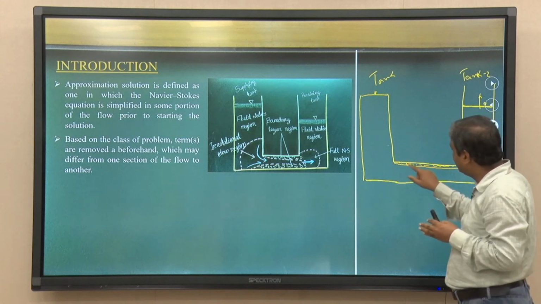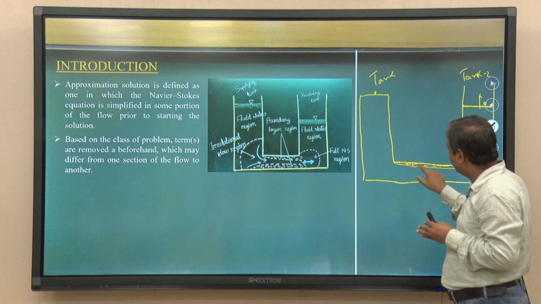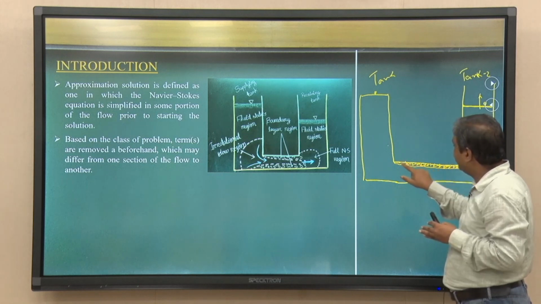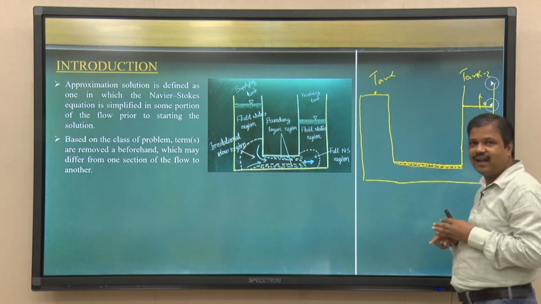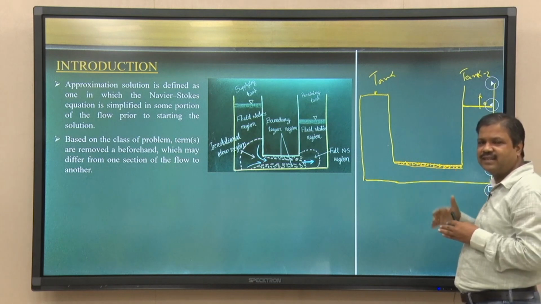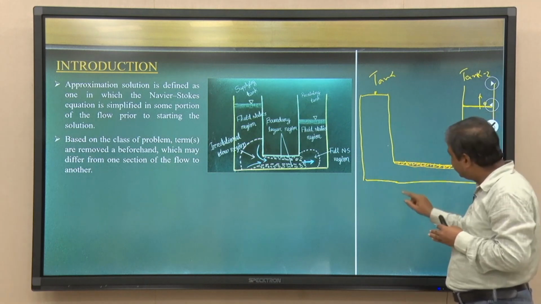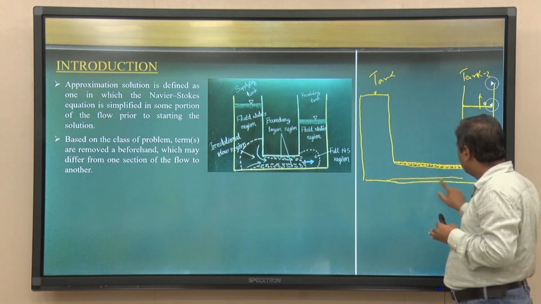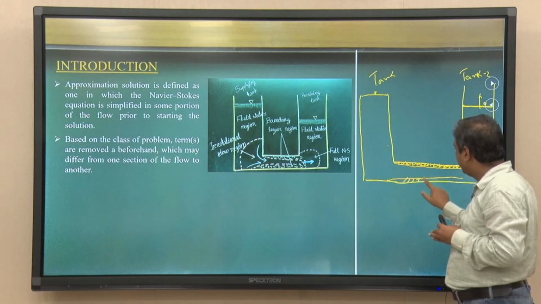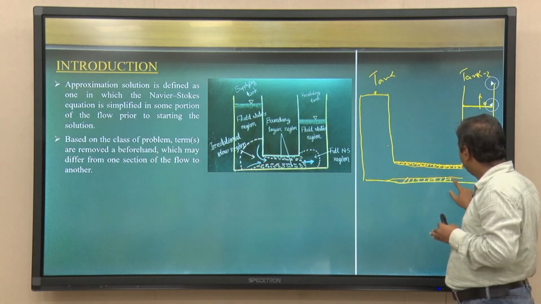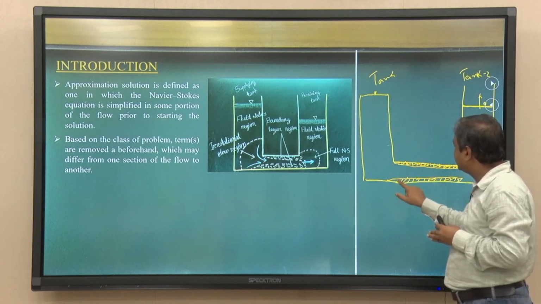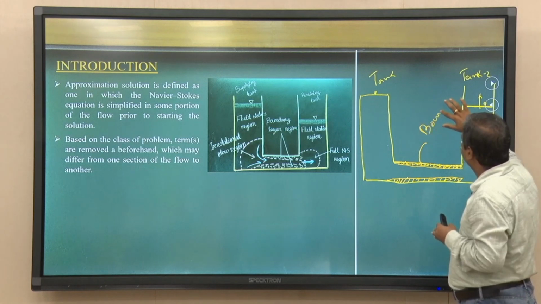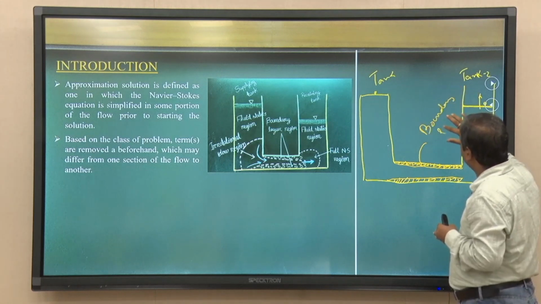So, there will be regions forming very close to this wall where viscous dominance will be there, and there will be velocity gradients, and that is what will act as shear stress on this wall. Exactly the same way, as the flow is coming, there will be formations of regions where viscous dominance will be there, the vorticity will be there, and these regions we call boundary layers, close to the boundary.